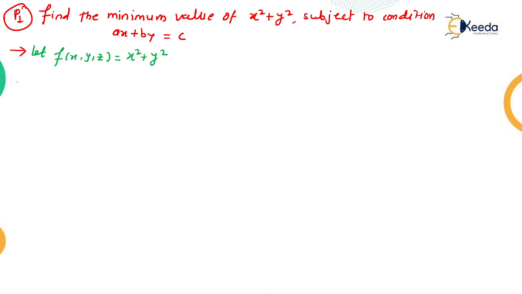Also, phi of x y z is taken as the condition function. So what is the condition function in the question? That is ax plus by is equal to c.